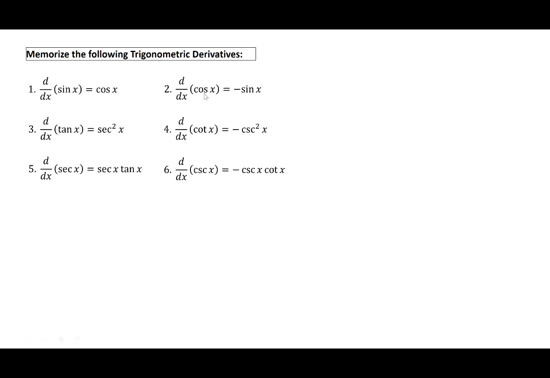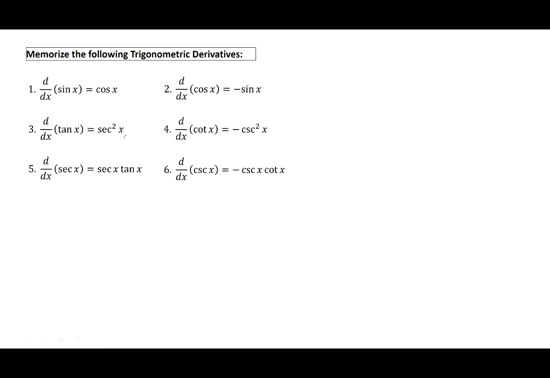So these co-functions, cosine, cotangent, cosecant, their derivatives are all negative. Remember that. And also, the derivative of tangent x is secant square x. So that means cotangent x would be negative cosecant square x.